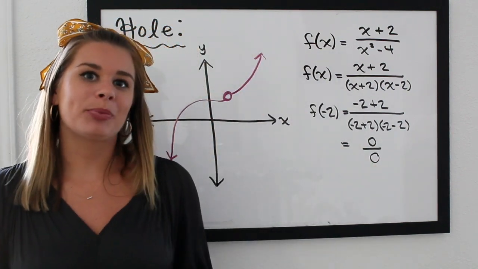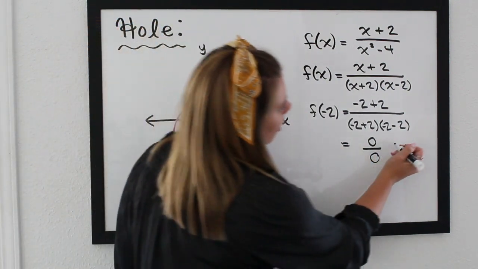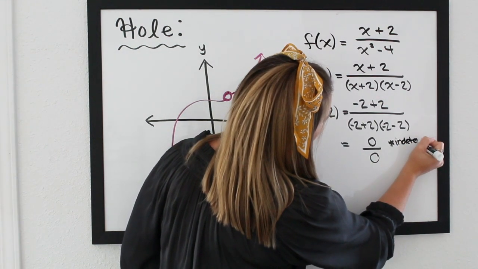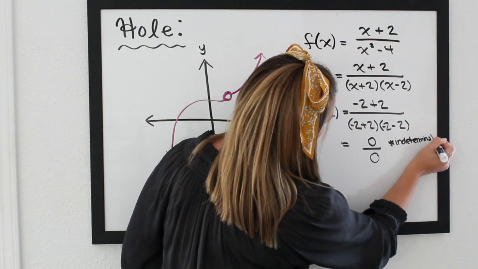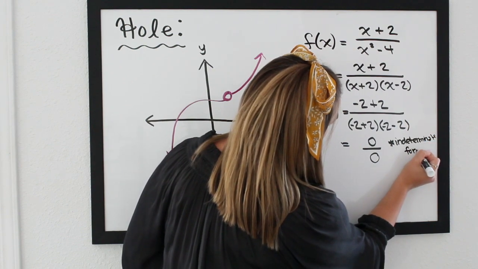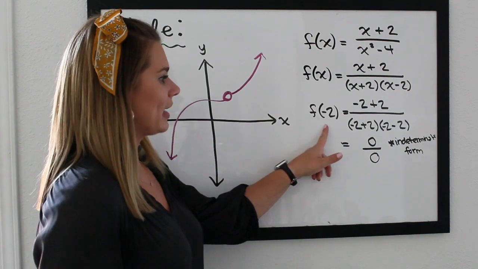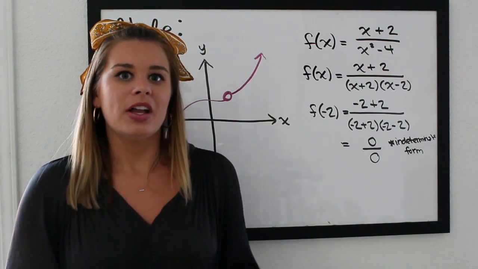We have a problem here. This is what we call an indeterminate form. So our function is not defined when x equals negative 2.